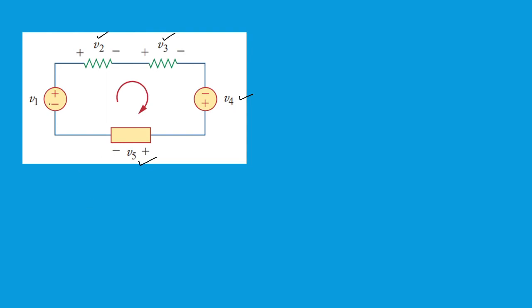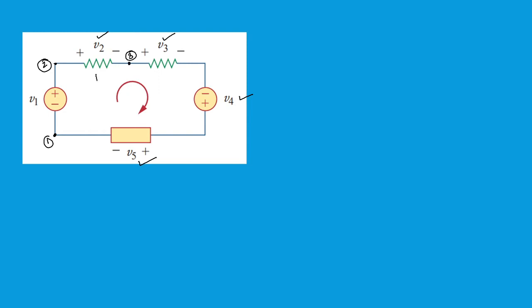When I am going around the loop, let's say I am starting from this node. If you want to identify the nodes, how many nodes do we have? Let's say node 1, we have node 2 here, and this is the loop anyway. This is going to be node 3.